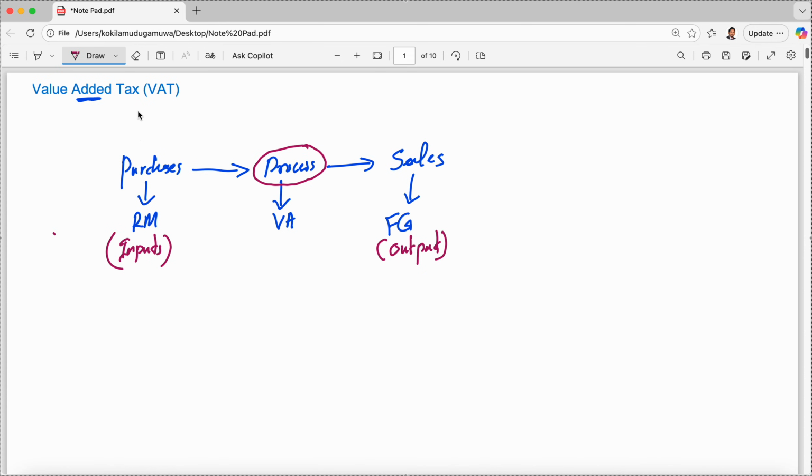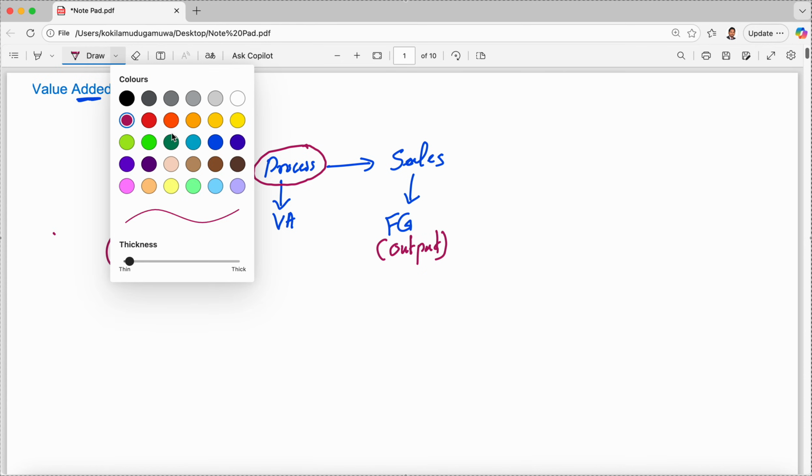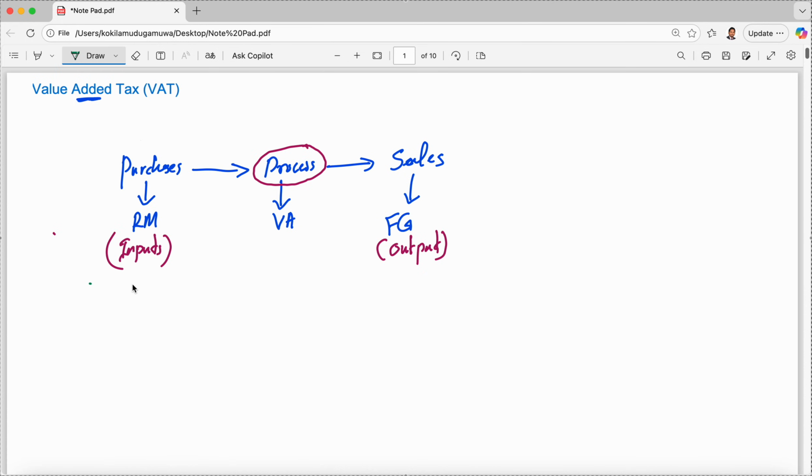Then we'll apply the value added tax onto it, right? So let's say you are inputting 100,000 worth of raw material, and the company does the value addition with the profit margin, let's say 100, and the company decides to sell this at 200, right?